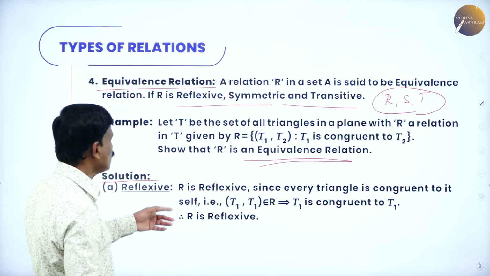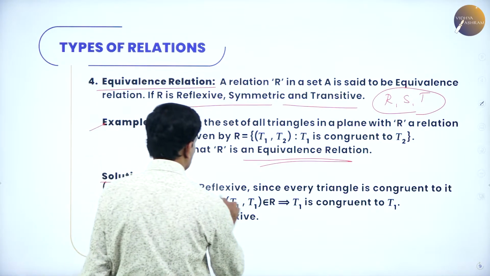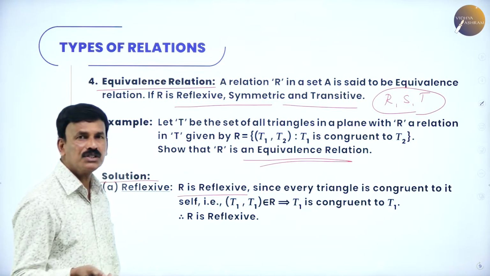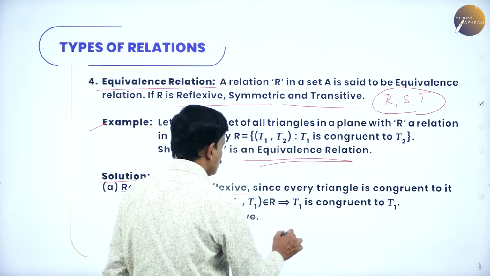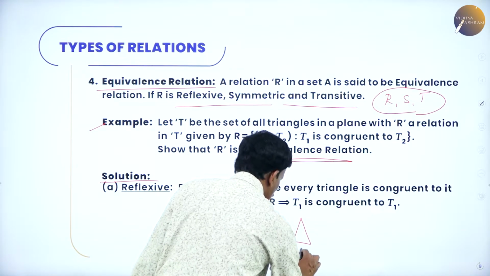Now let us come to reflexive. R is reflexive since every triangle is congruent to itself. This is a triangle, and it is congruent to itself.